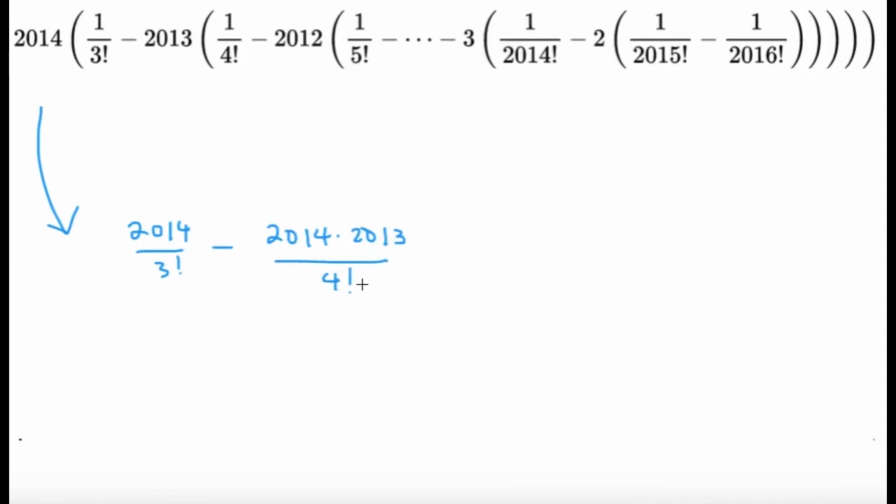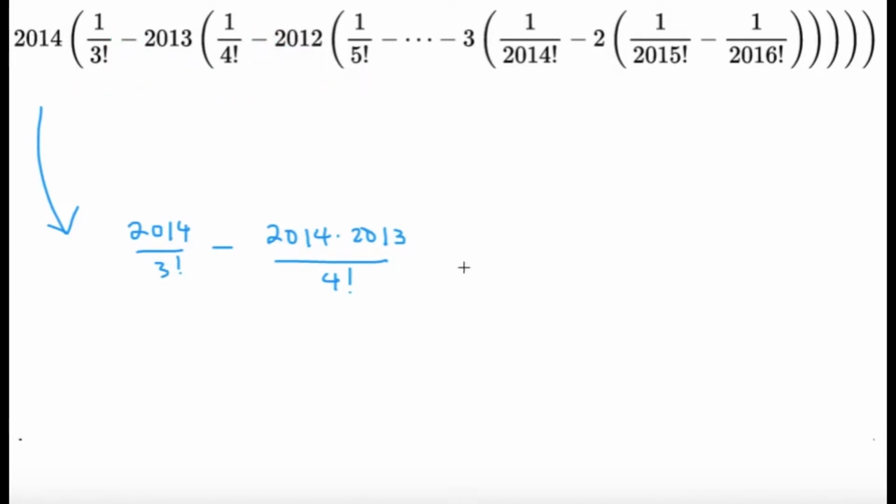And then I realized what the next term is going to be. I'm going to have 2014 multiplied to this 2013, and it's going to distribute to this 2012, so I'll have 2014 times 2013 times 2012, and I'll have to multiply this with the 1 over 5 factorial. I have two negative signs here, so I know it's going to be positive.